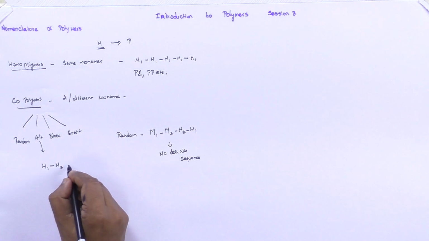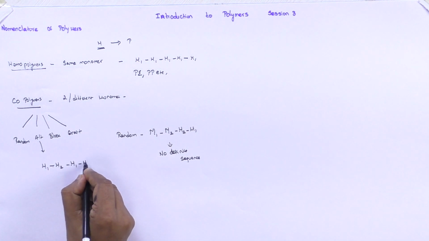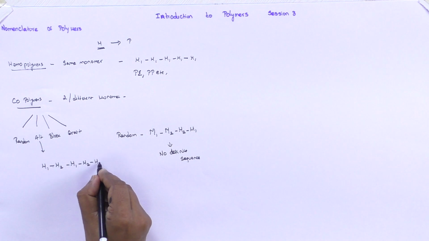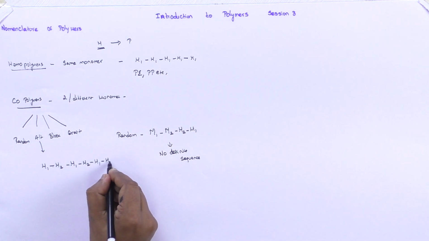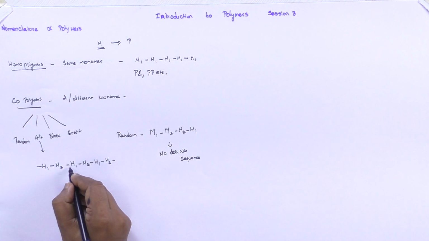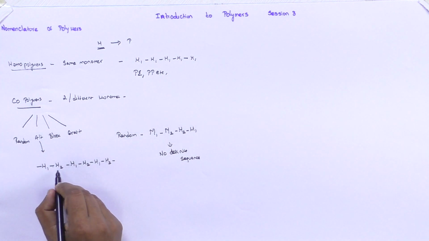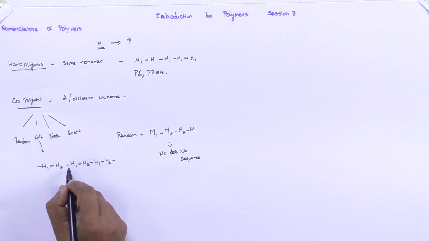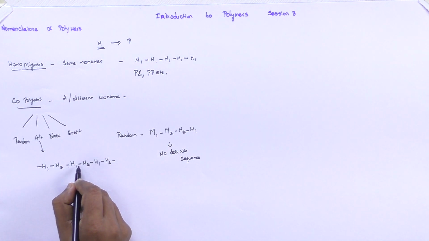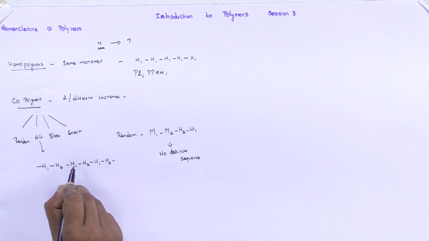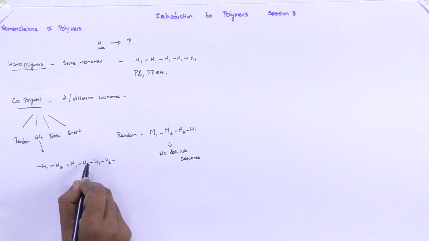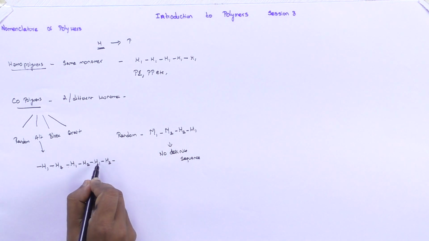Monomers will be like this. You can see one monomer and the other monomer are arranged in an alternating fashion like this. So, the repeat unit will have the monomers arranged alternately in sequence like this. So, this is the example of an alternating copolymer.